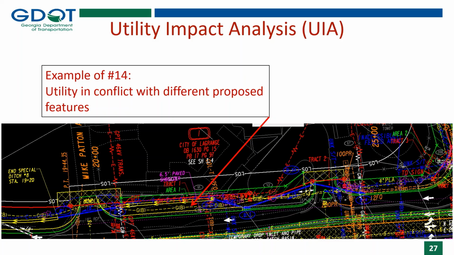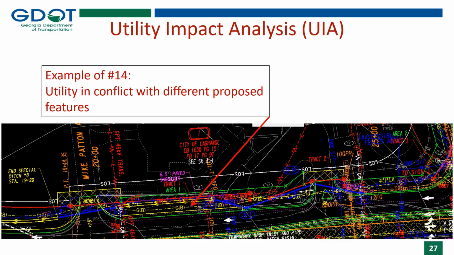And number 14 in that spreadsheet talks about one utility in conflict with different types of proposed features. And so these examples are going to show you how to display each of the conflicts in the utility impact analysis.